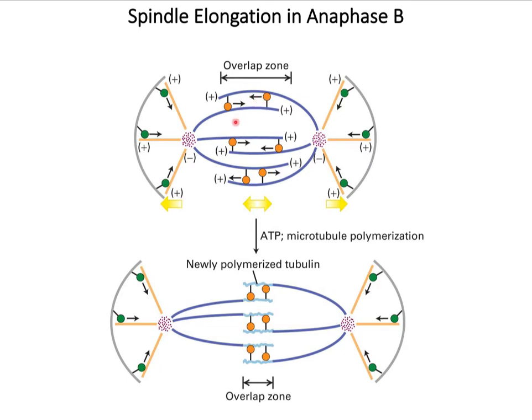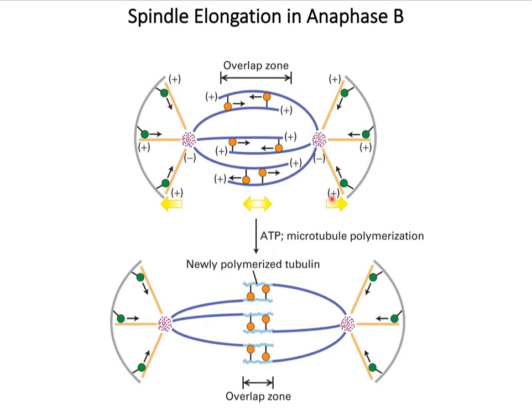The tails are interacting very tightly with one polar microtubule. The head of that kinesin is walking towards the plus end of the microtubule on the neighboring polar microtubule. That causes these two microtubules to push against each other, and that causes the elongation event.